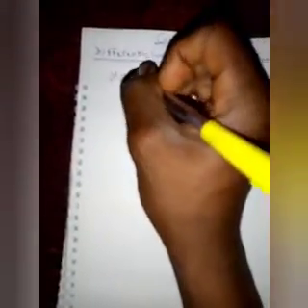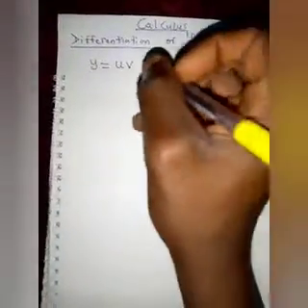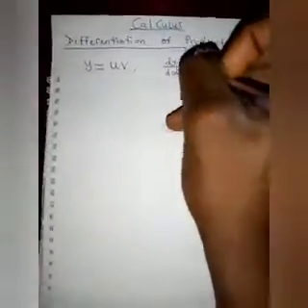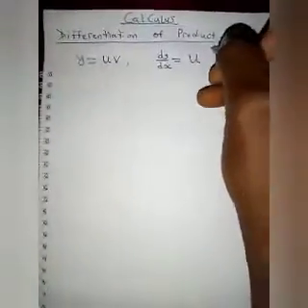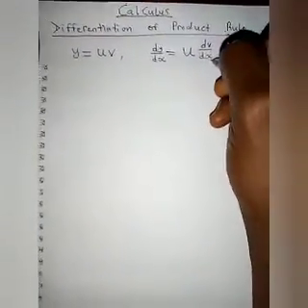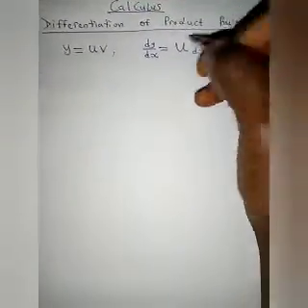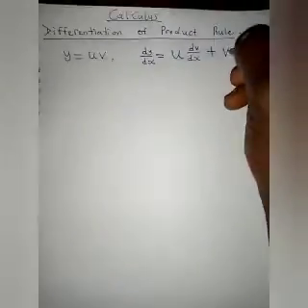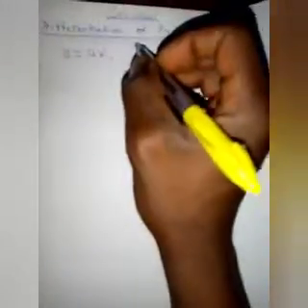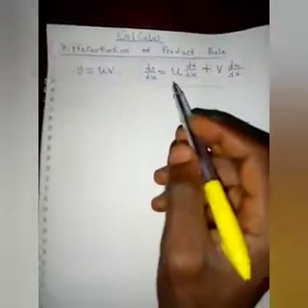If y equals a function, let's say uv, that's the product of u and v, therefore dy/dx will equal u, then we differentiate v, that's dv/dx with respect to x, plus then now we'll be having v, then we differentiate u with respect to x. So this is what we call product rule.